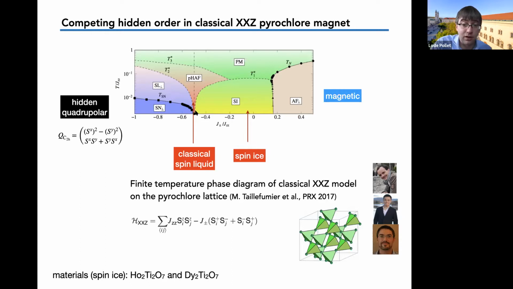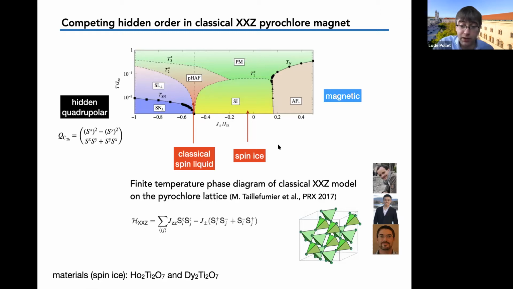These full lines are phase transitions, the dashed lines are crossovers, and so you see that there is a paramagnetic region. There is something which you can call a spin liquid, which then goes over to the nematic phase here. And this is what we're going to see.